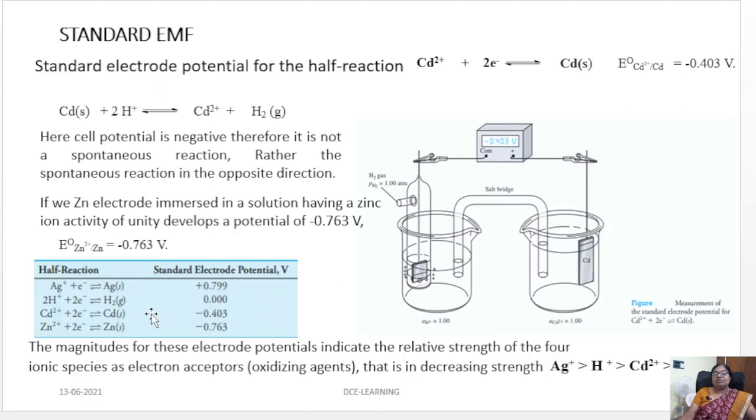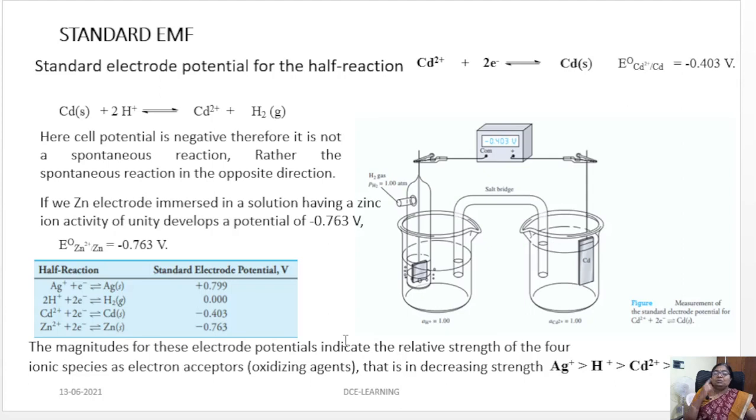This shows the magnitude of the electrode potentials, the relative strength of the ionic species as electron acceptors, in decreasing strength: silver, with a higher reduction potential than hydrogen, then cadmium, then zinc, in decreasing order.